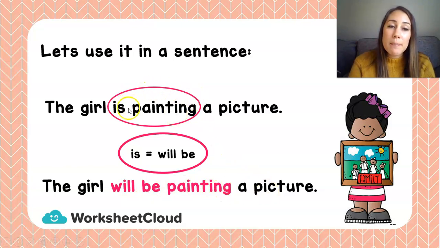If our verb is painting, is painting is the full verb because is a helping verb that is part of the verb. So we cannot change painting to will paint. We've got to keep it as painting and then make it will be painting a picture.